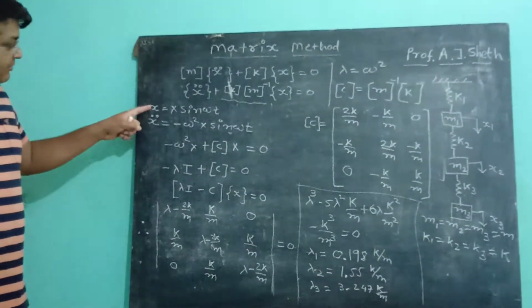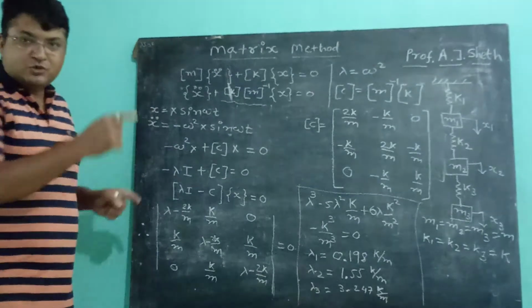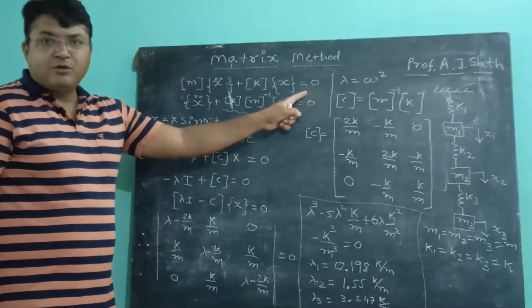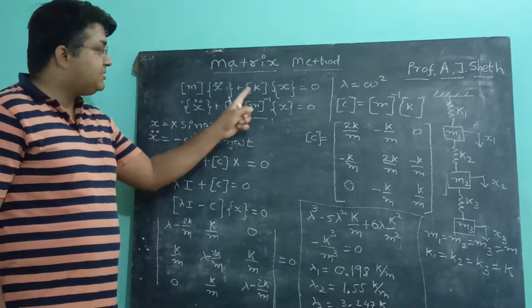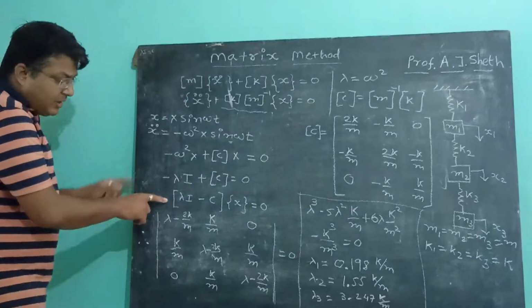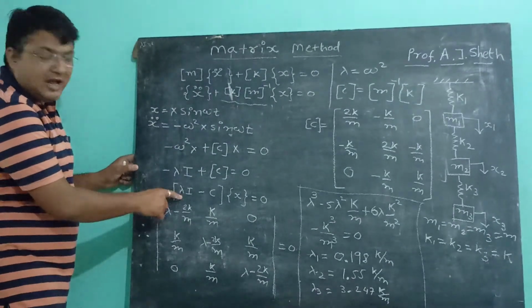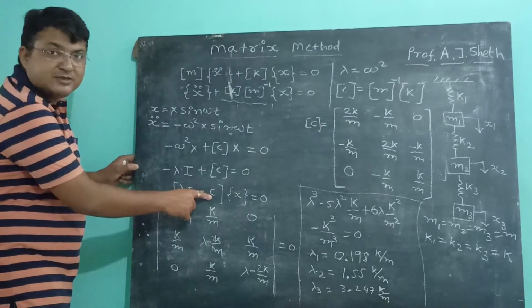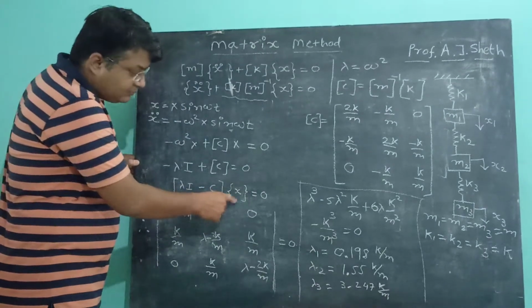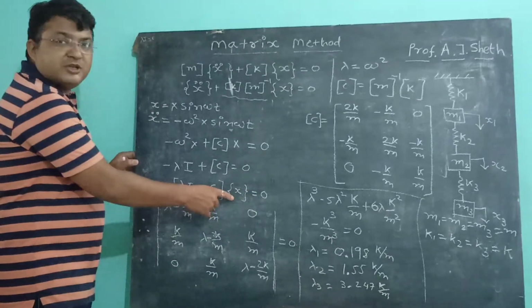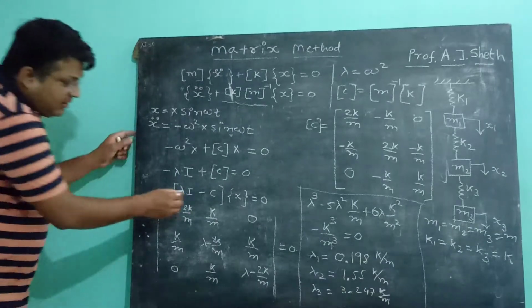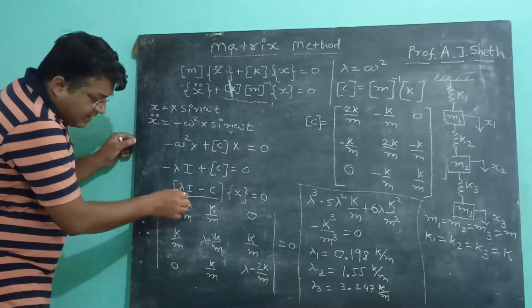Now we have put the simple harmonic motion equation into our fundamental equation of motion, m x double dot plus k x is equal to 0, and we have reached up to this: lambda I minus dynamic matrix value multiplied by displacement is equal to 0. This is the displacement vector, a column vector.